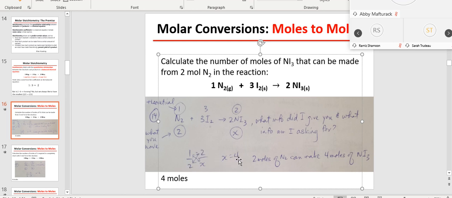So therefore now, if I had 2 moles of this, which is what the question is asking, how many moles of this can I make? Well, if I had 1 mole, like this guideline tells you, I can make 2 moles. Well, if I have 2 moles, I can double it and make 4. So 2 moles of N2 can make 4 moles of NI3.